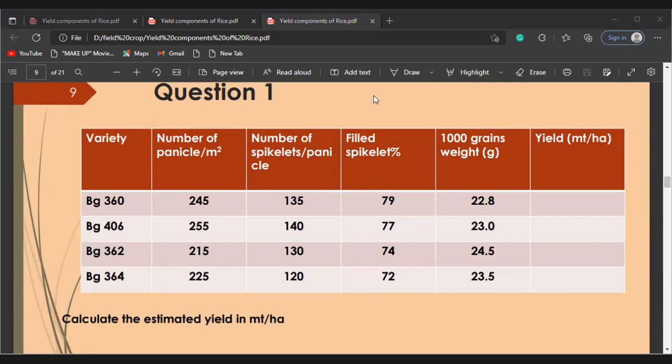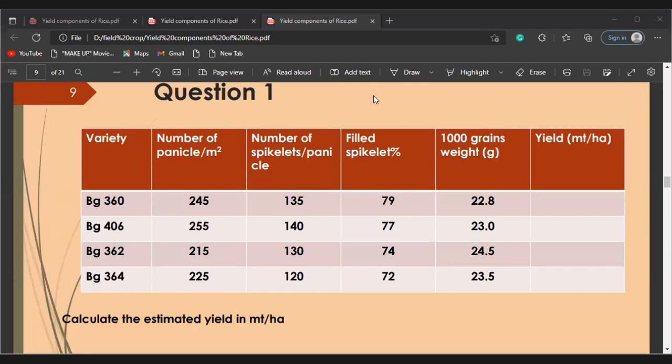In the table of 4 varieties, the first column displays the variety, and the second column the number of panicles per meter square. That is one component. To calculate the yield, the first parameter is the number of panicles per meter square. The next parameter is the number of spikelets per panicle: how many spikelets in one panicle.